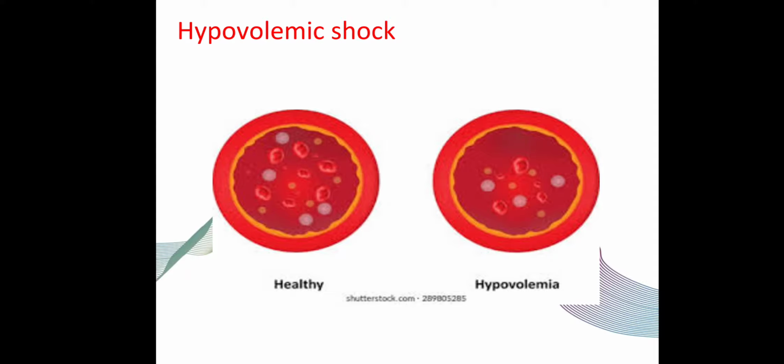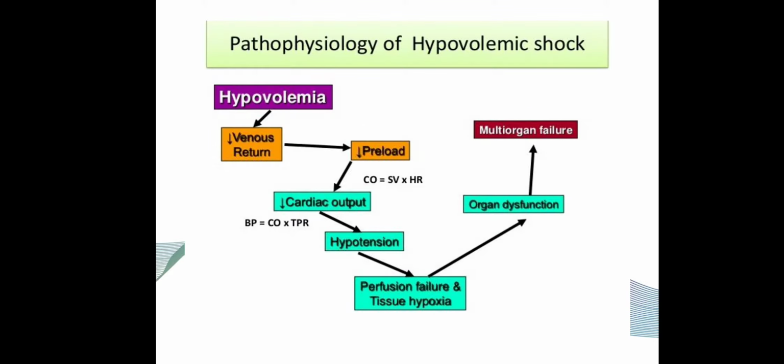Now the causes of hypovolemia can be many. It may be due to blood loss, it may be due to loss of volume, meaning dehydration, diarrhea, vomiting, whatever may be the cause, ultimately any condition which is leading to hypovolemia can lead to hypovolemic shock. Now what happens in case of hypovolemic shock?